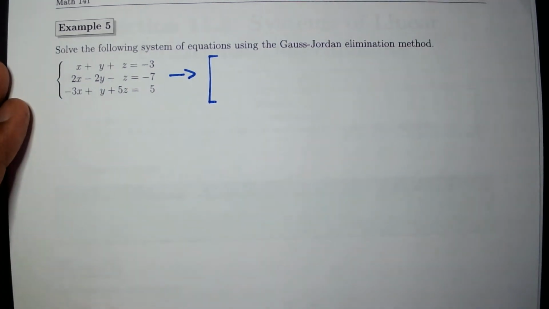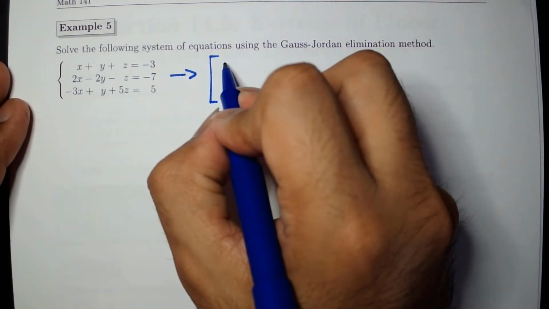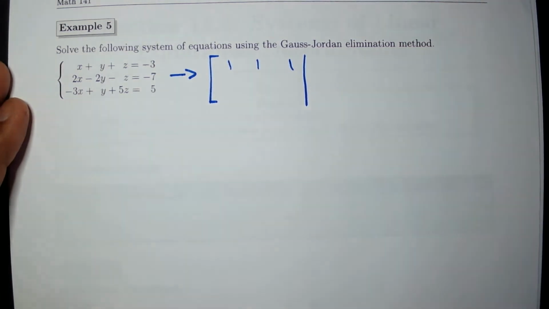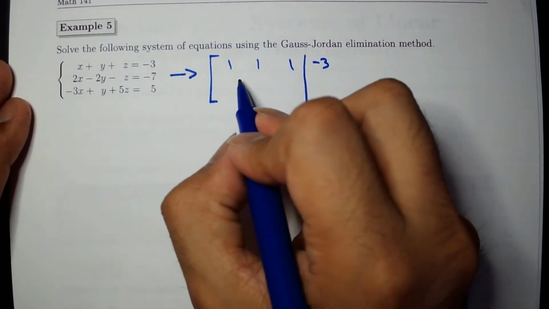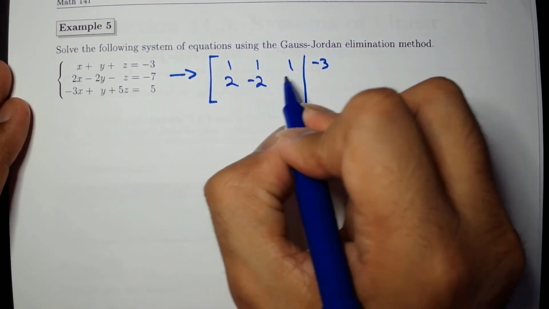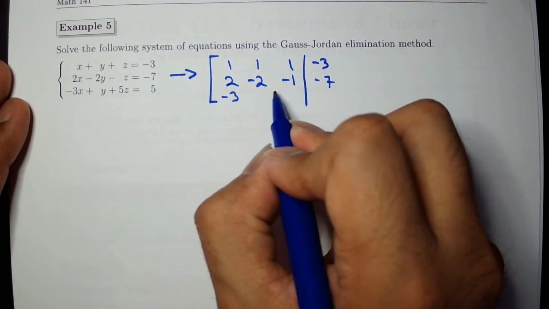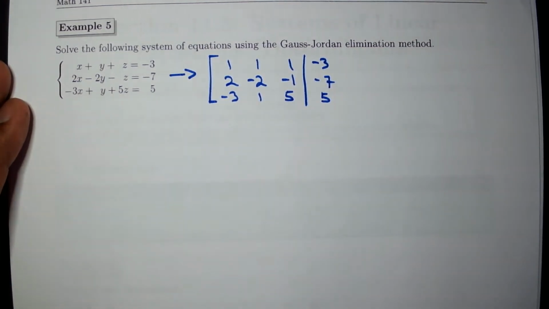Again, all we do in this matrix is write down the coefficients of the variables, but not the letters. 1, 1, 1, and then the bar to delimit the constants, and then 2, negative 2, negative 1, negative 7, negative 3, 1, 5, and 5.